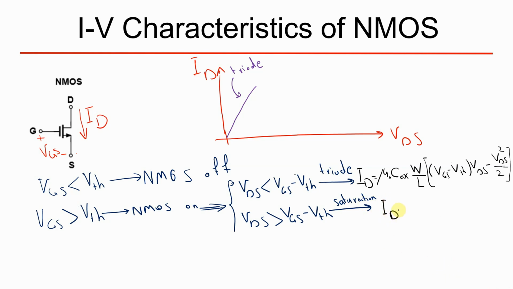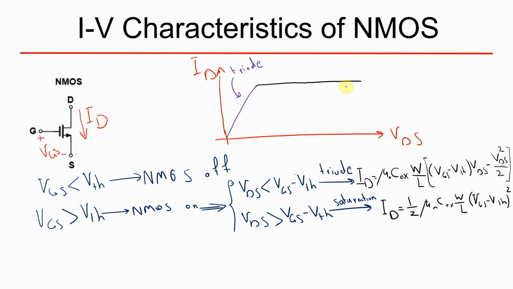And now the drain current equals 1 divided by 2 mu n C oxide W over L times VGS minus V threshold, all to the power of 2. And we can draw drain current versus VDS as something like this.